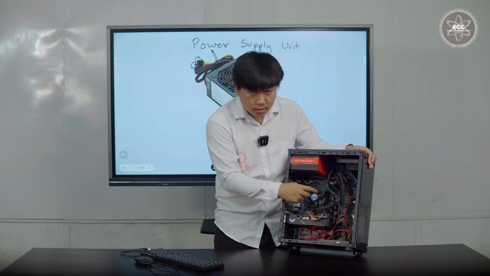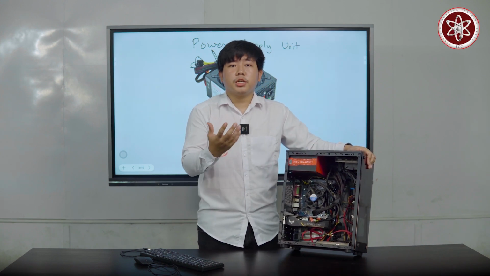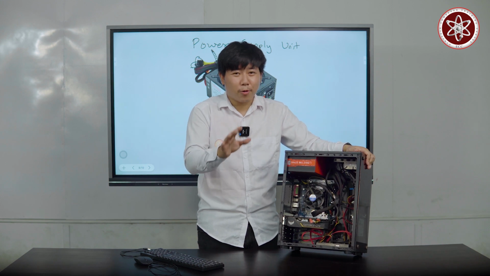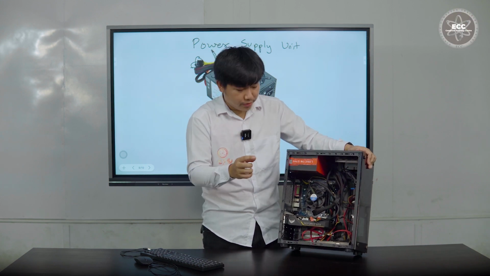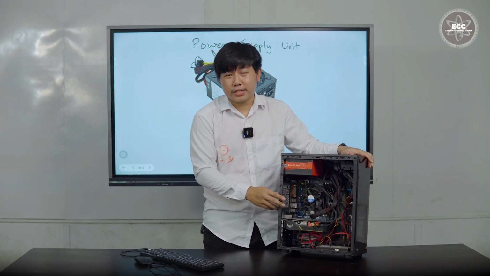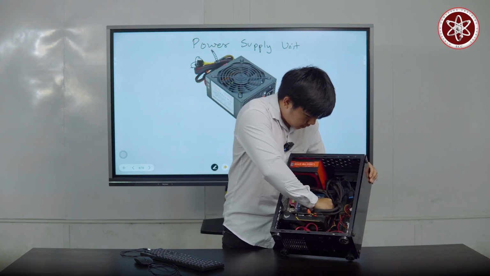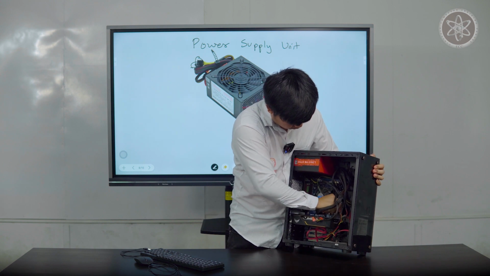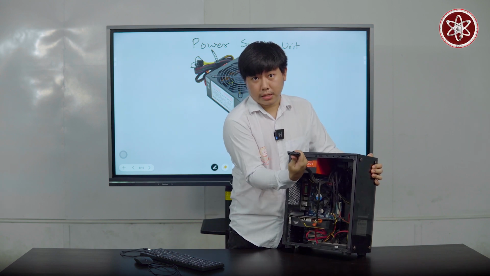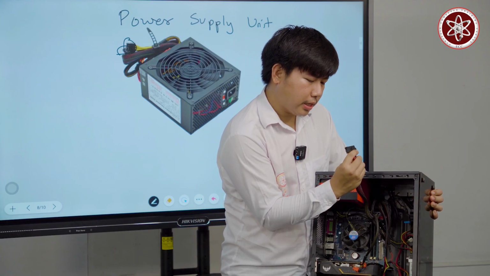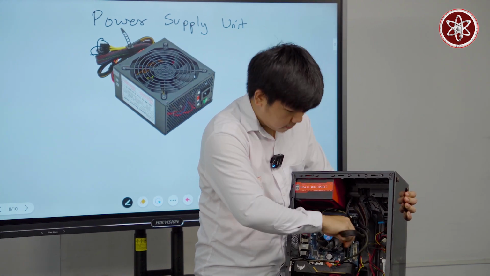The CPU fans acquire the electricity from the motherboard. So the motherboard has to take in a lot of electricity, and that's why the pin for the motherboard is very big. It has, I think, more than 20 pins in there.